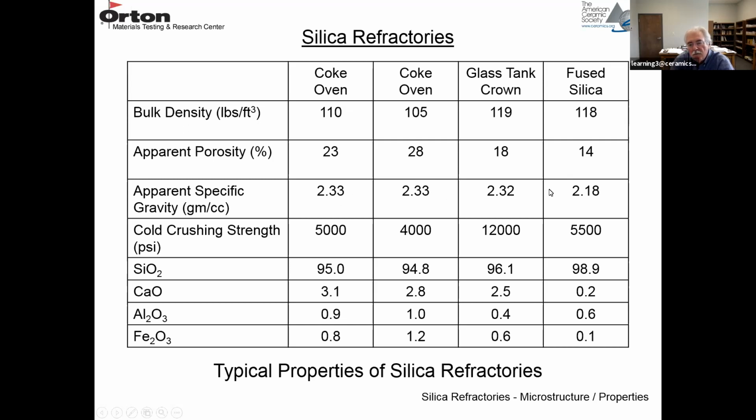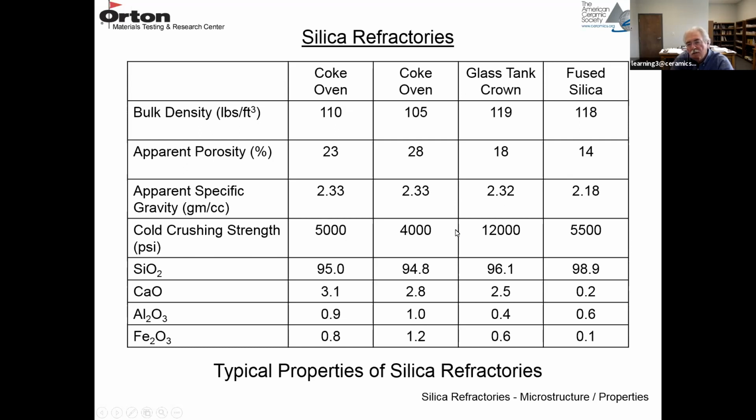The apparent specific gravities, we've mentioned these are about 2.3 or so for a fired silica brick and closer to 2.2 for fused silica. These are typical cold crushing strengths in PSI for refractory brick, 1,000 for these two.